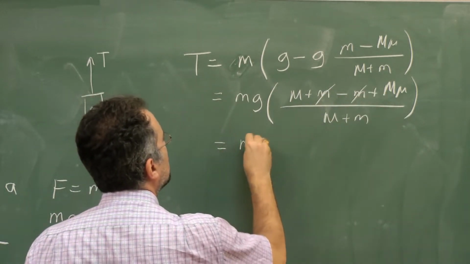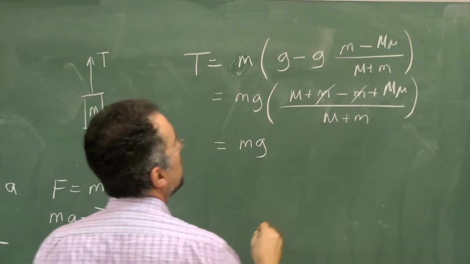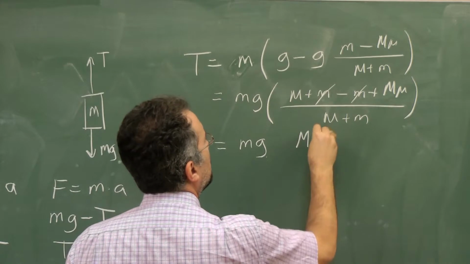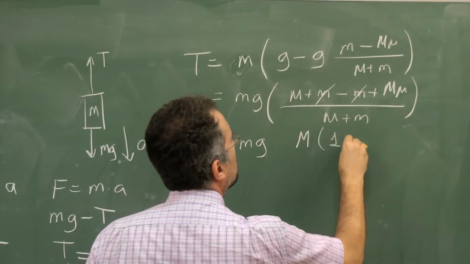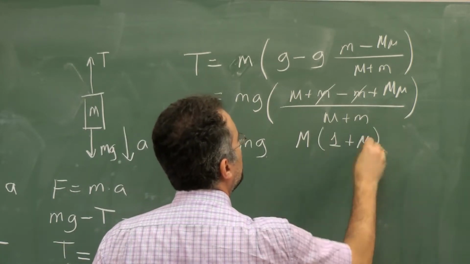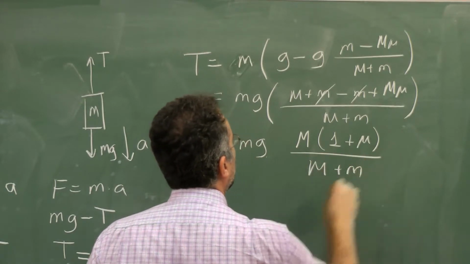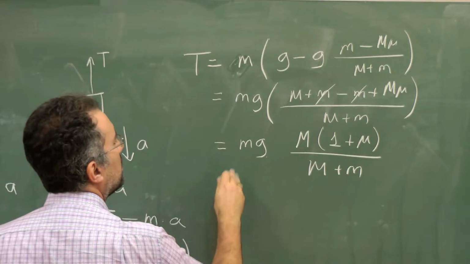This equals mMg times (1 plus mu) over (m plus M).